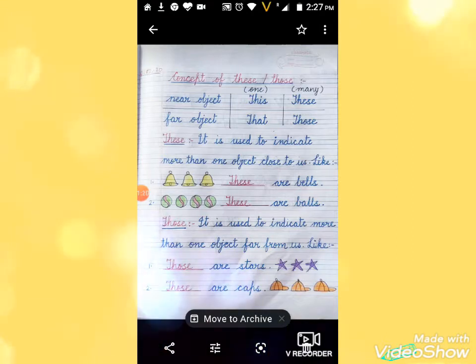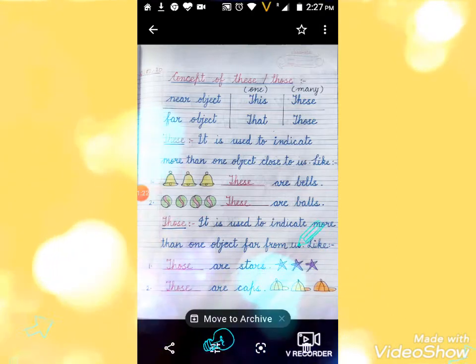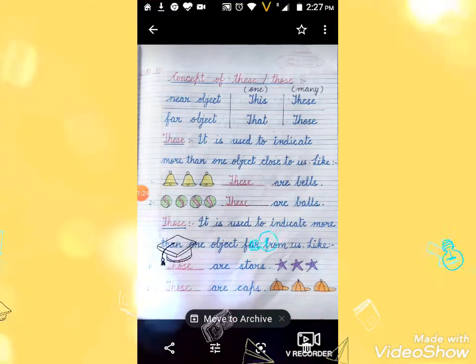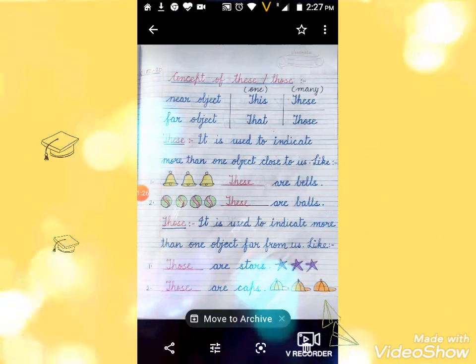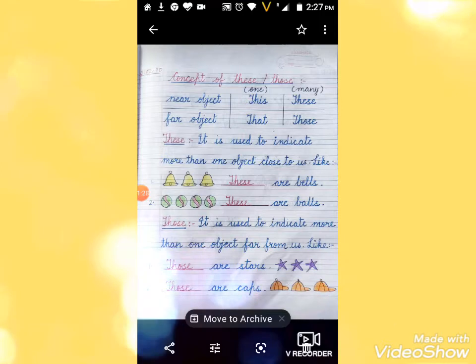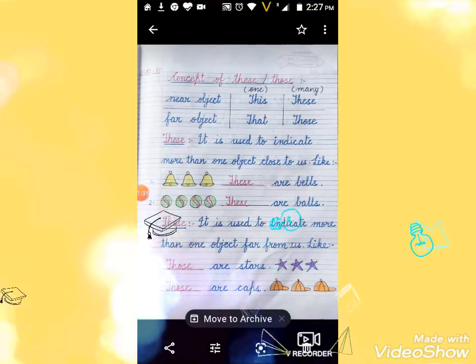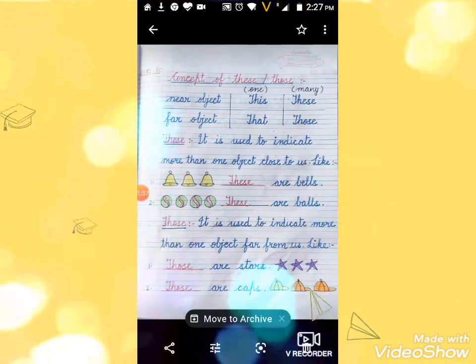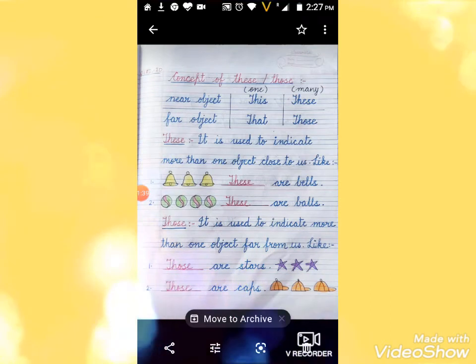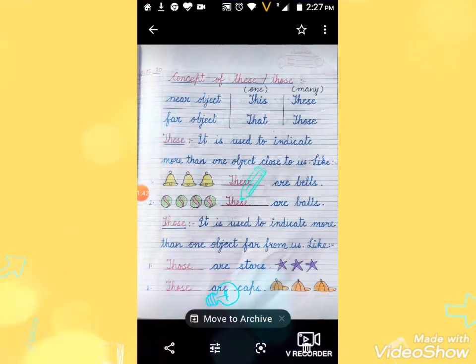This is used for a single object, and these is used for many objects. That is used for one object that is far, and those is used for many objects that are far. Very good.